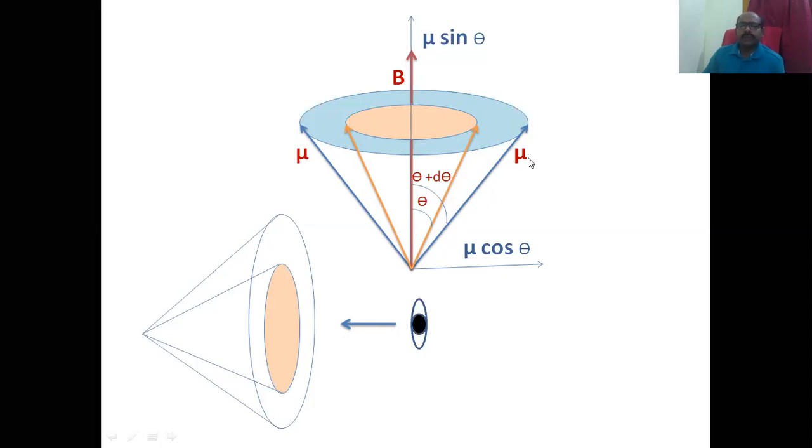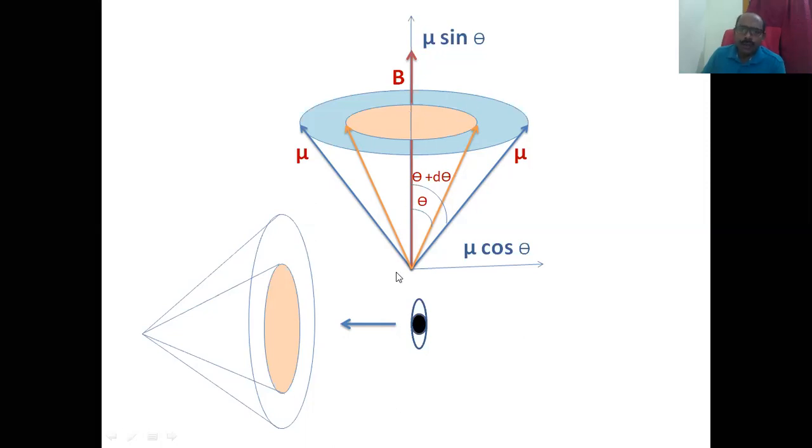Therefore, it is mu, making an angle theta. We observe the same magnetic moment mu in all directions, so we are talking about 3D. We have to assume it as a three-dimensional picture.